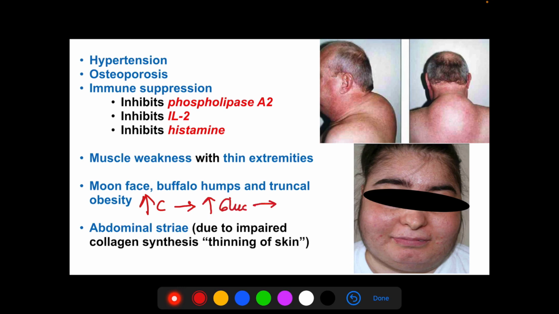So next one, because there is increased glucose, insulin production will also be increased. So because the glucose is used up also, then there will be an increased fat storage. So that now will lead to moon face and buffalo humps. And also, there will be abdominal striae. So that's due to impaired collagen synthesis. So there's thinning of skin.